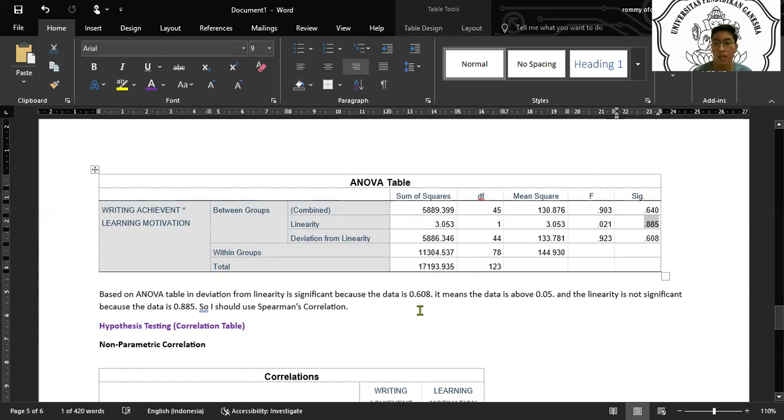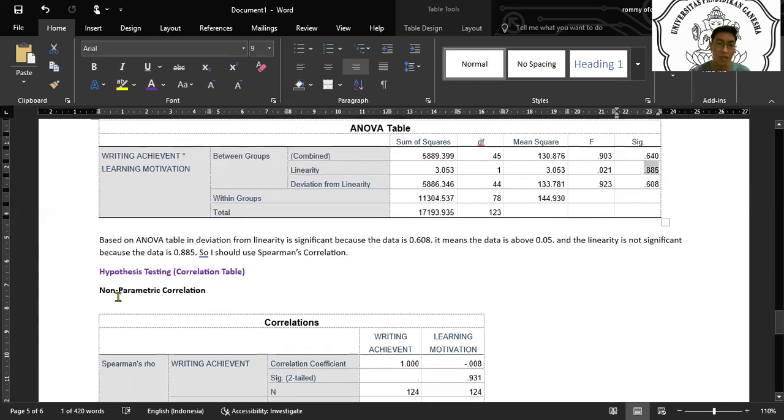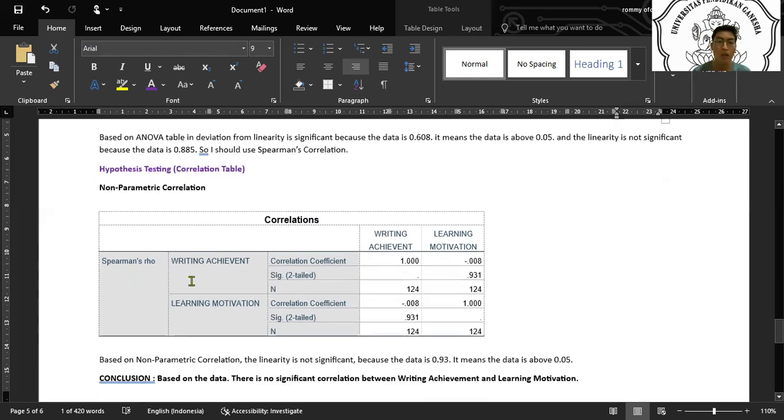And now we go to the hypothesis testing, a correlation table. And this is the table of non-parametric correlation, using Spearman's correlation.